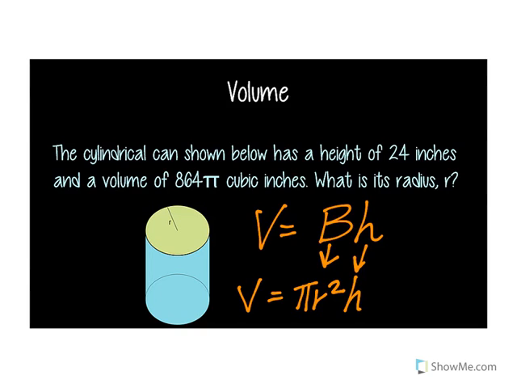Okay, the height of this is given, and it's 24 inches. We don't know what the radius is, so we're trying to find that out. But we already do know what volume is, and we know what the height is.